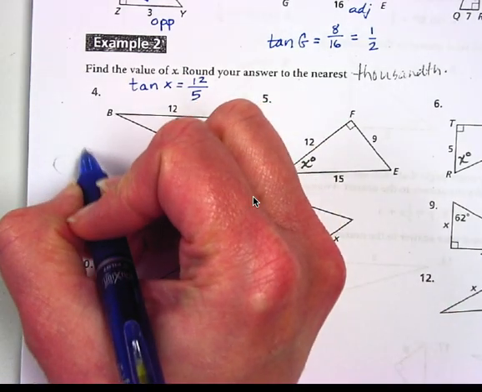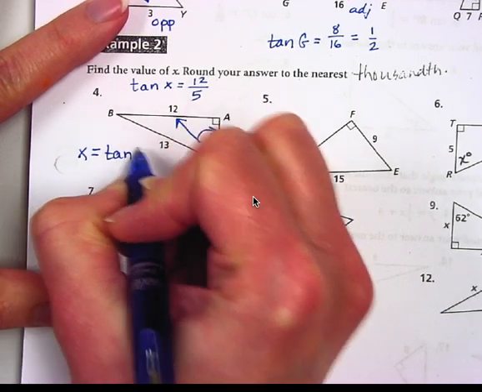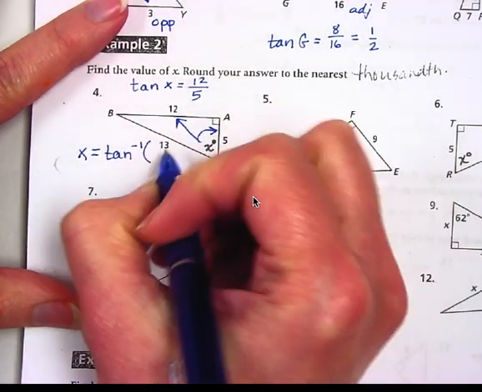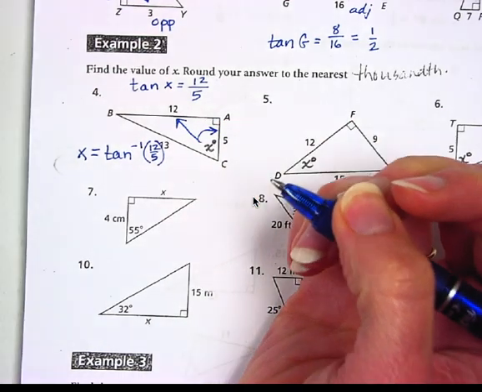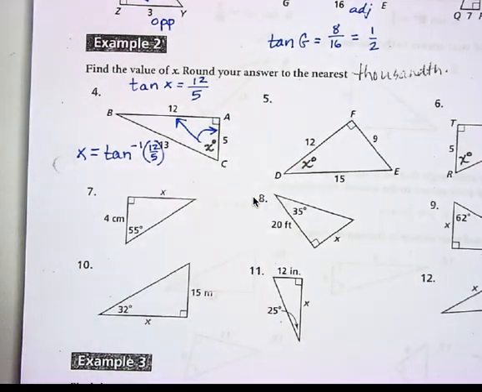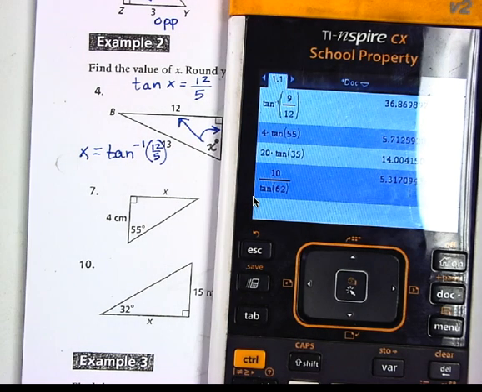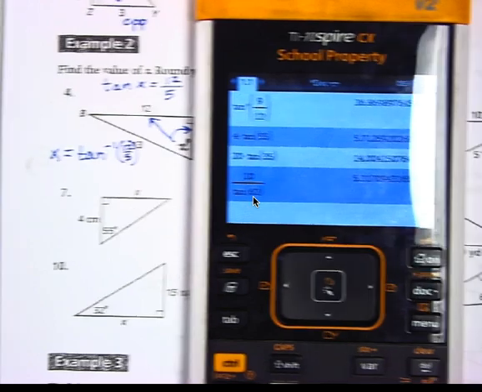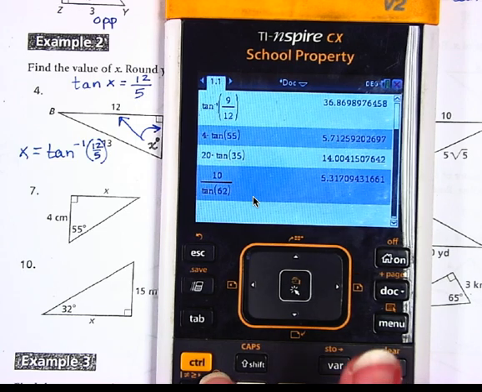So the way that that's written is x is equal to inverse tangent, which has a little -1 on it, and then you're going to put the 12 over 5, and we're going to put that in the calculator. All right, so inverse tangent, or all the trig functions are on the trig button, which is left of the 7.